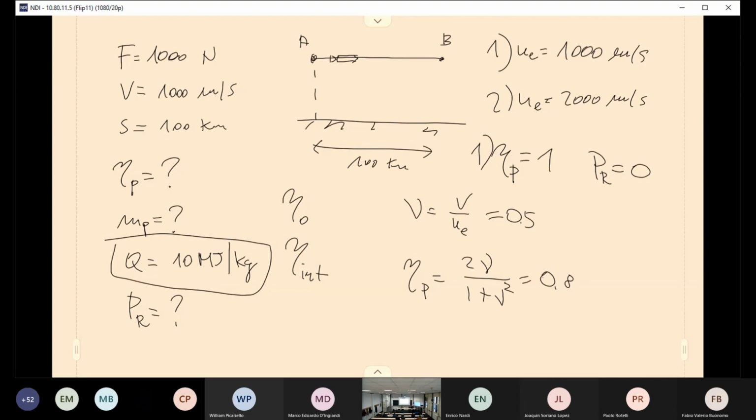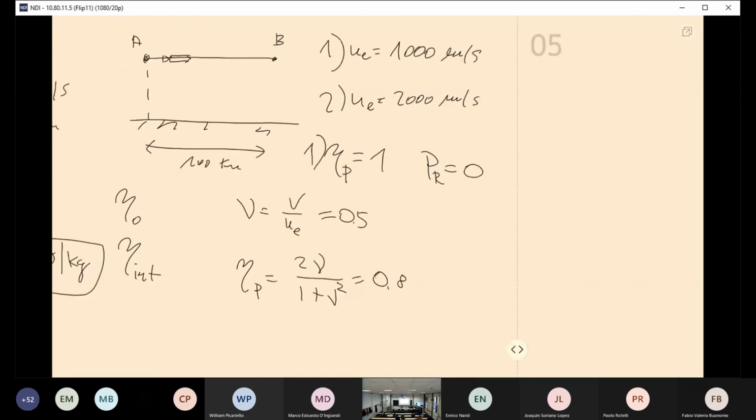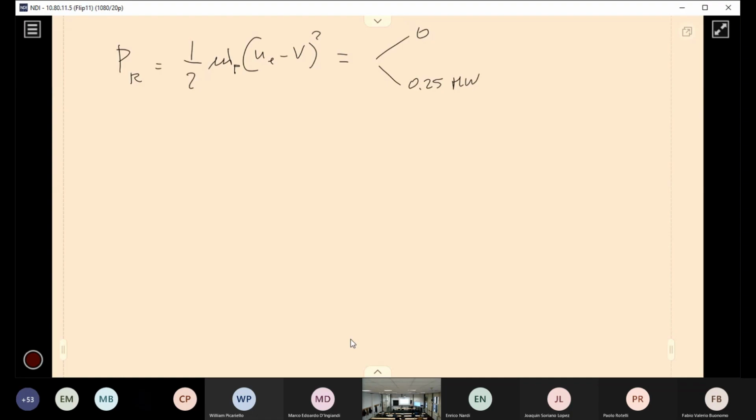So the residual power of the jet is 1/2 m dot p (UE minus V) squared, and it will be in the first case 0, in the second case 0.25 megawatts.